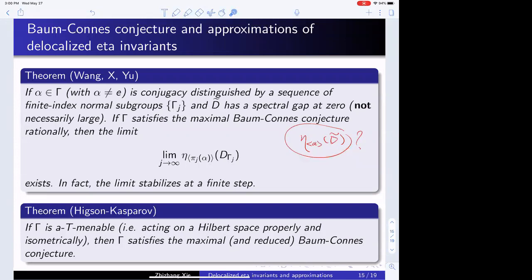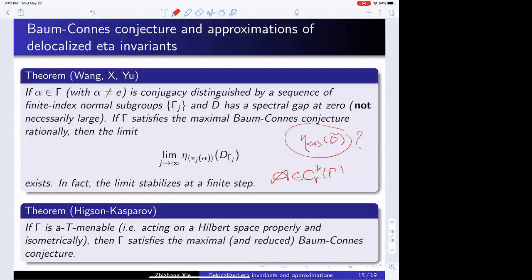Now, let me just talk about a more specific situation. Suppose, in addition, you assume, so I'm talking about maximal Baum-Connes here, but let me also talk about the reduced C*-algebra of gamma. Suppose that the reduced C*-algebra of gamma has a subalgebra which is smooth and dense, in other words, a dense subalgebra that is closed under holomorphic functional calculus.